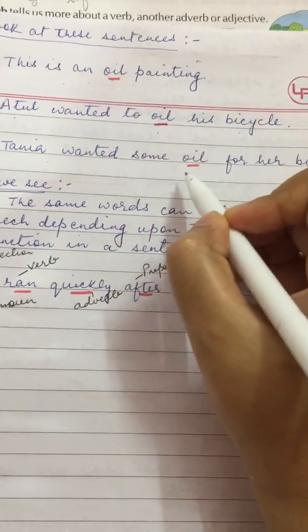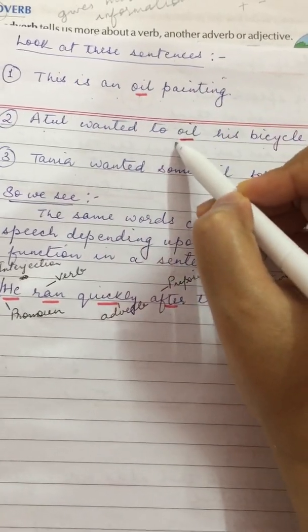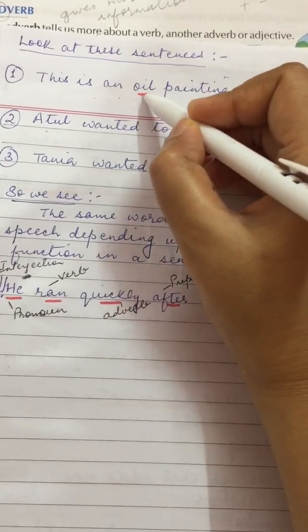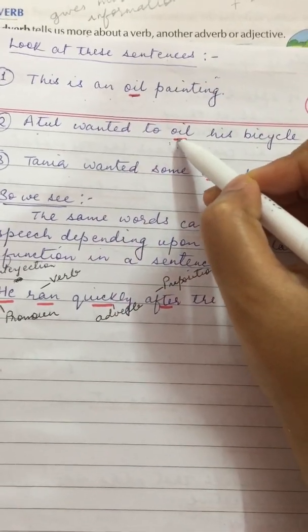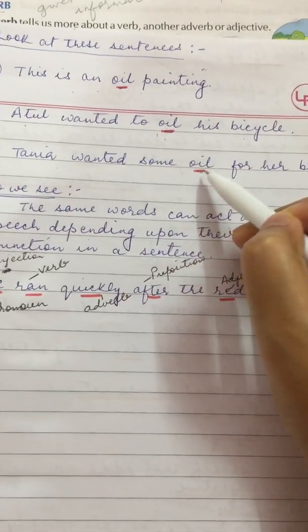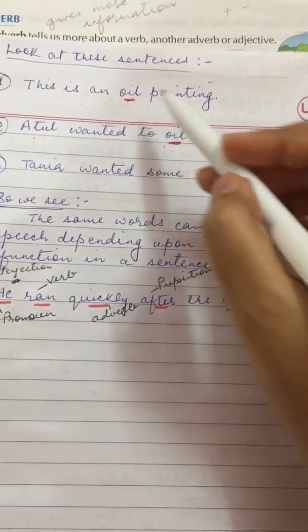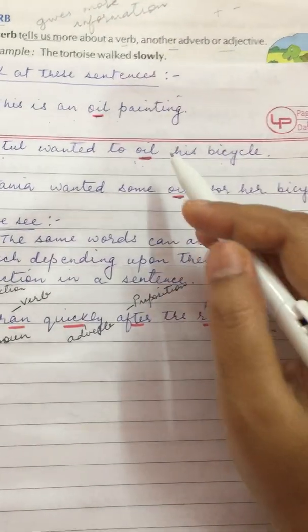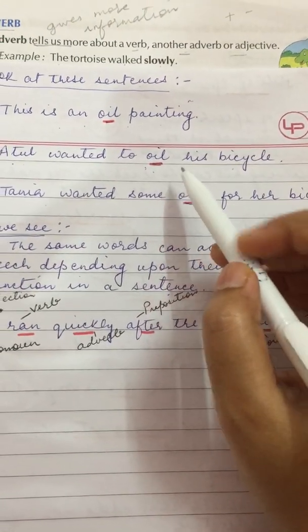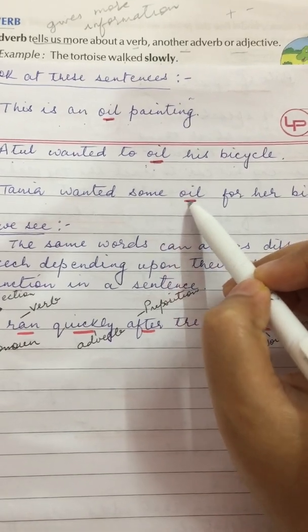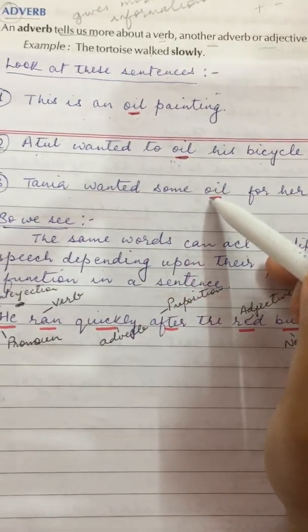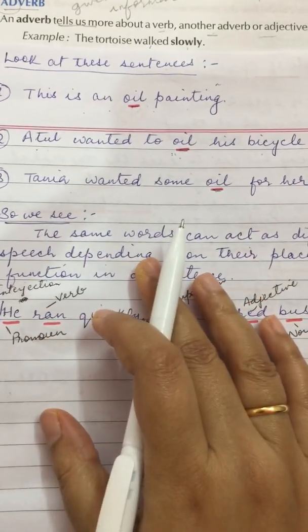Can you see it? In all the 3 sentences, we have used a common word, oil. Now, what is the difference in the usage of this word in each of the sentences? We have to understand that.